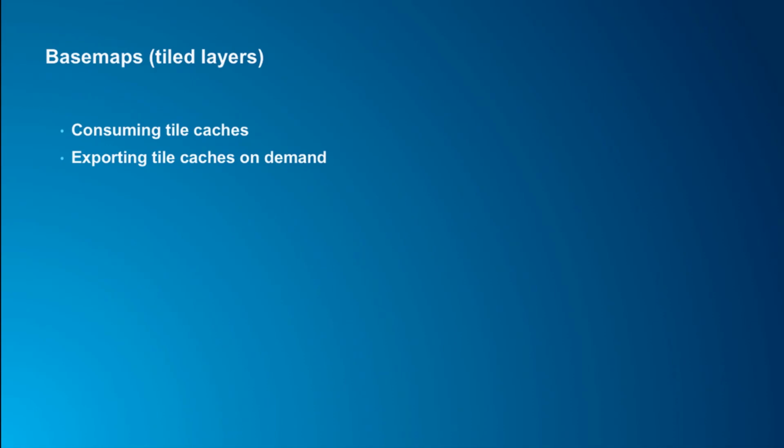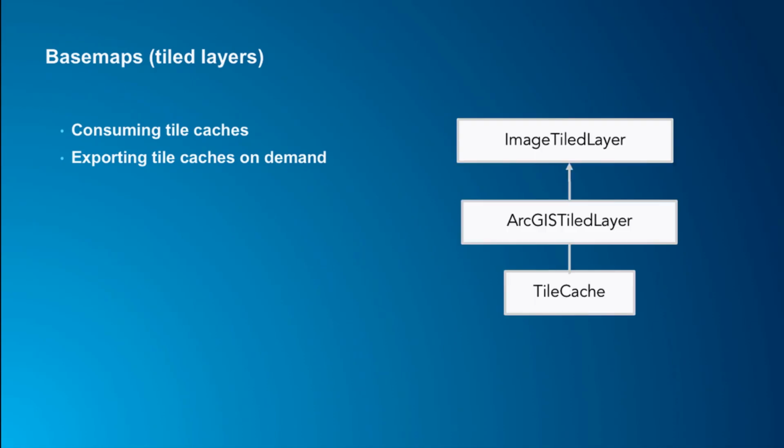So when you're working with basemaps or tiled layers, essentially if you've pre-created a tile cache, either if you've exported your tile cache on demand or you've created your tile cache in ArcGIS Pro, you essentially instantiate a tile cache object that has a little bit of metadata about it, like a thumbnail and a description and a spatial reference.